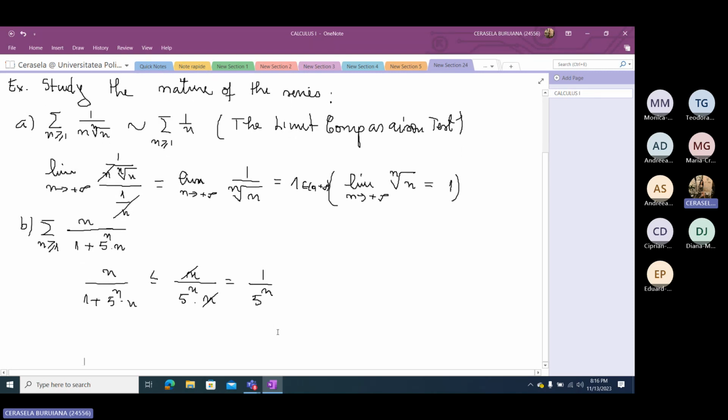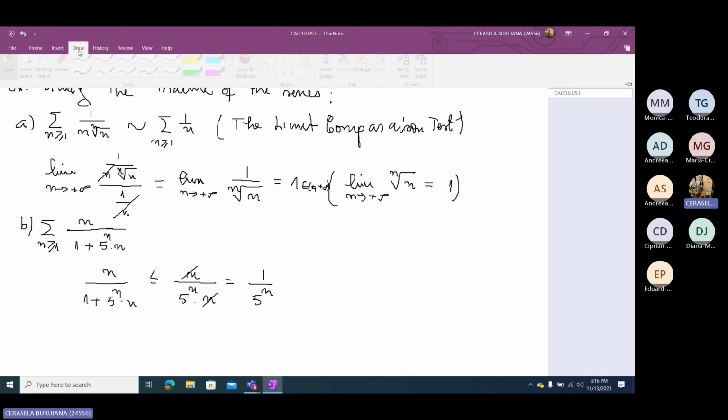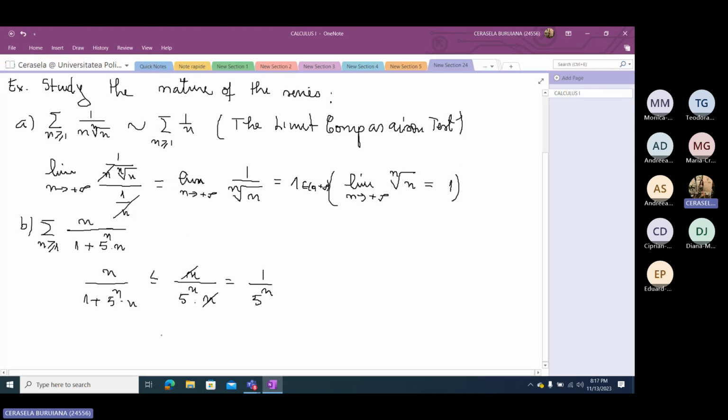Now, if I remember from the course and from the seminar too, the series of general term 1 over 5 power n, how is it? Convergent or divergent? Convergent. Exactly, it is convergent. Why?